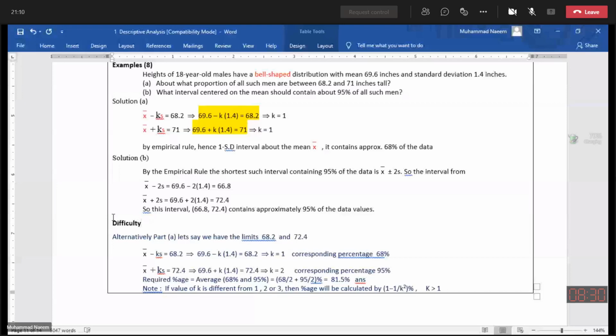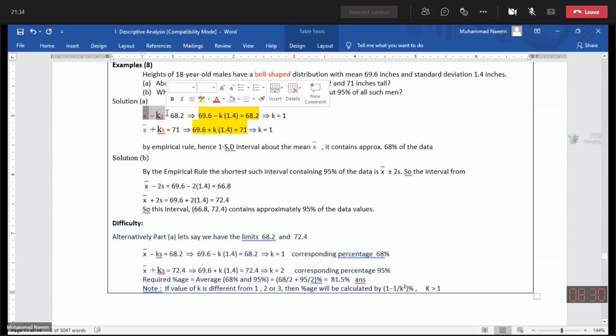We have a difficulty in these problems whenever we don't get the same value of k when we solve these equations.